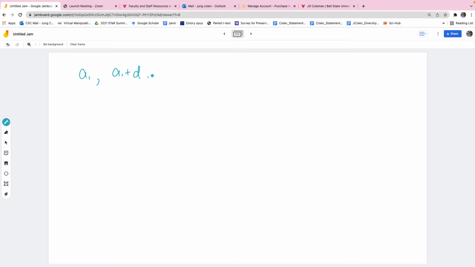So we are adding d to the previous term, and the third term should be a sub 1 plus 2d because we are adding d to the previous one. We'll keep adding d. So a sub 1 plus 3d, and so on and so on. Then for the nth term, we will have a sub 1 plus n minus 1 times d. Remember?